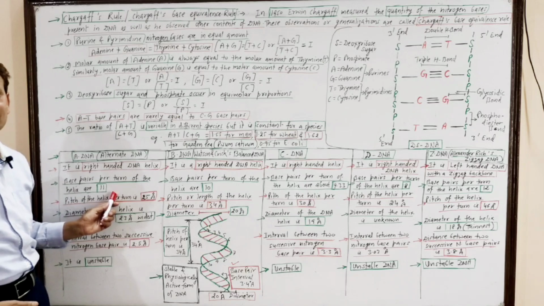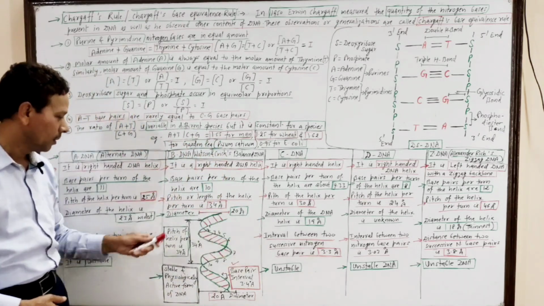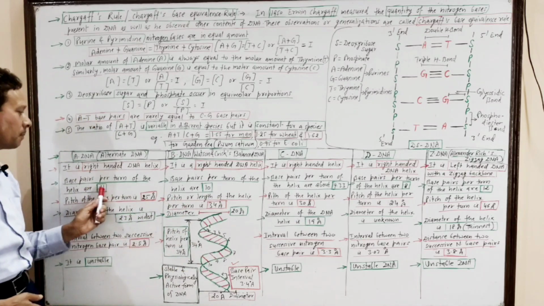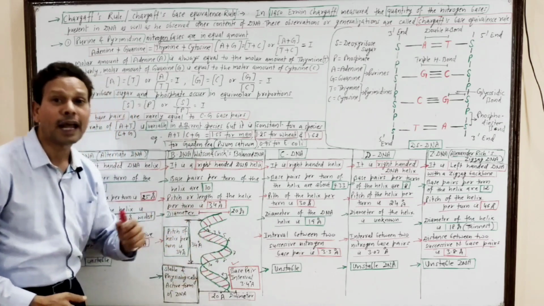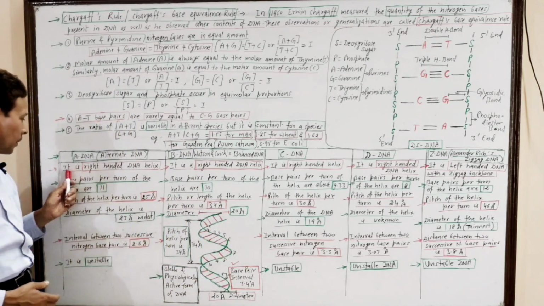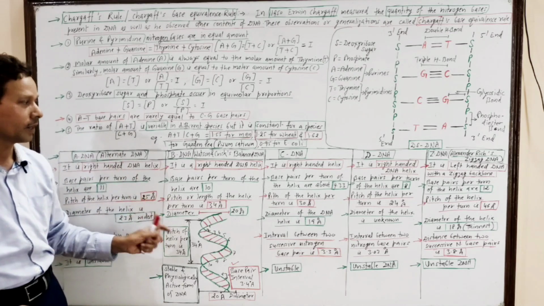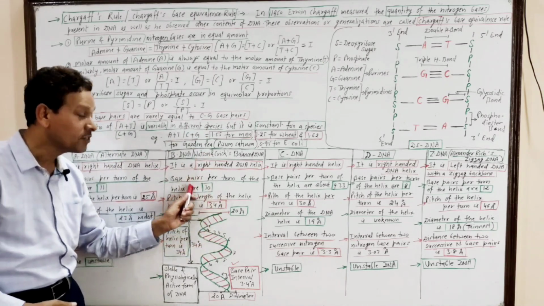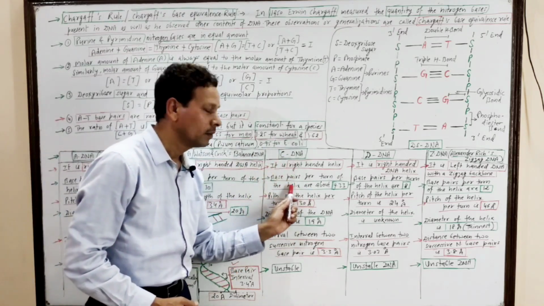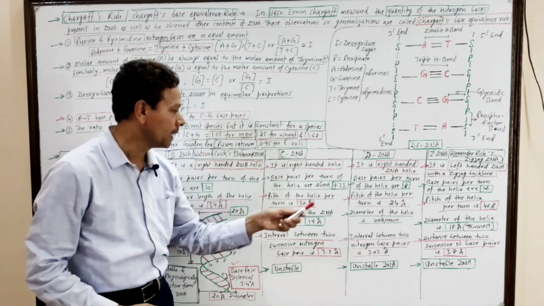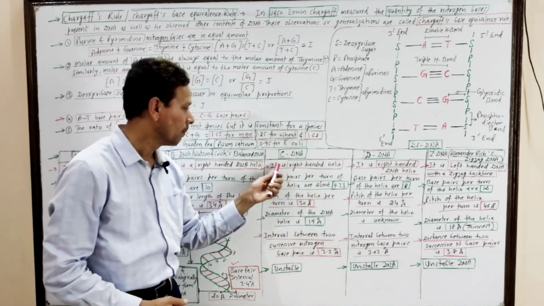Base pairs per turn: in case of B DNA, Watson and Crick DNA, there are 10 base pairs per turn. In A DNA, the base pairs per turn of the helix are 11. In case of C DNA, each turn of the helix has 9.3, about 9 base pairs.